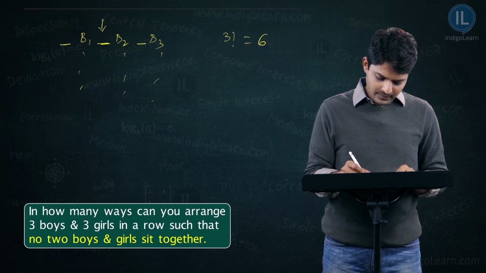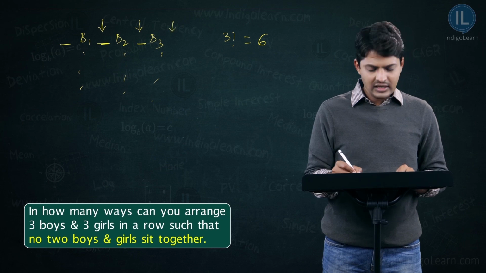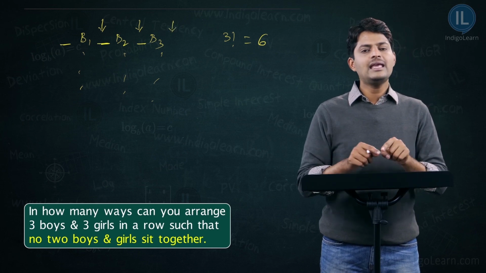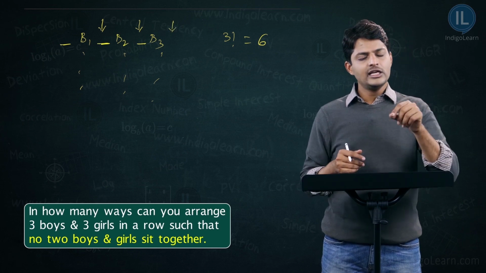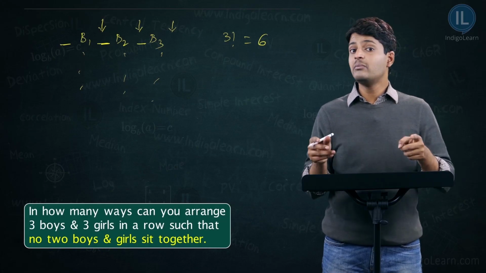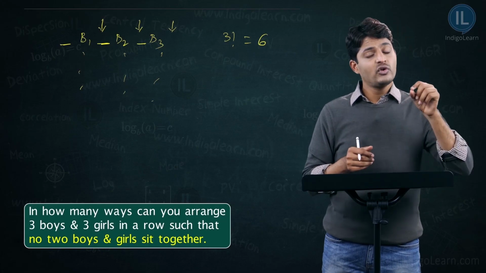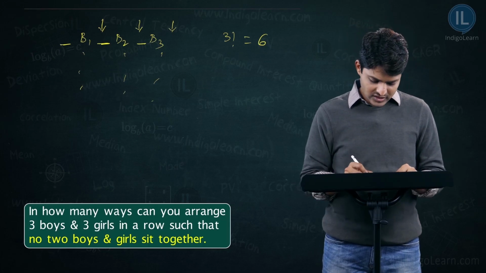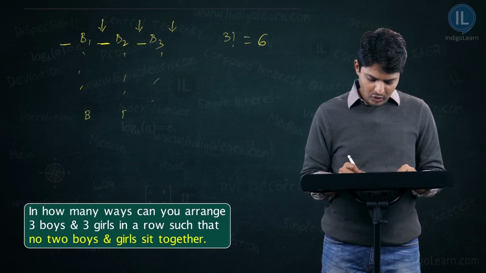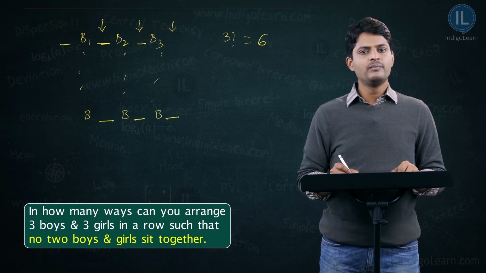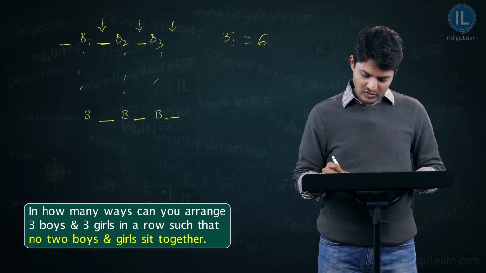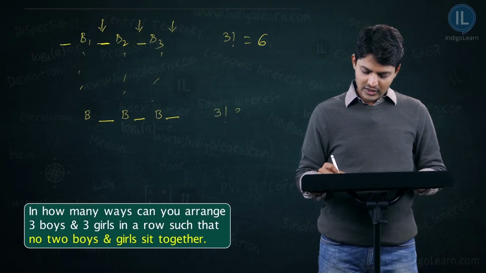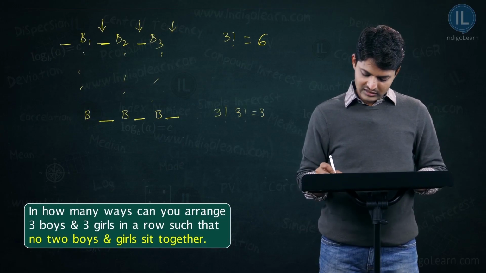You have to fill this one and this one, so there should not be any gap between any two boys and any two girls. If I start the arrangement with boys, then I can fill the girls in only 3 places. So effectively it will become 3 factorial into 3 factorial, which is 36.